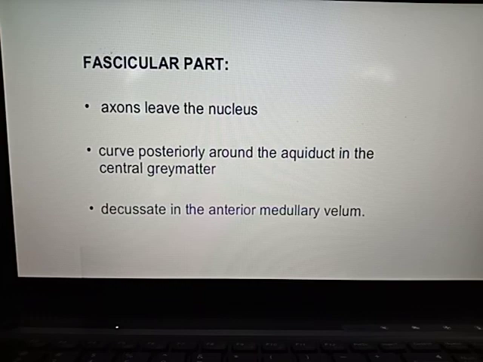So this trochlear nerve crosses near the superior medullary velum and goes to the opposite side. It decussates in the anterior medullary velum, or the superior medullary velum.